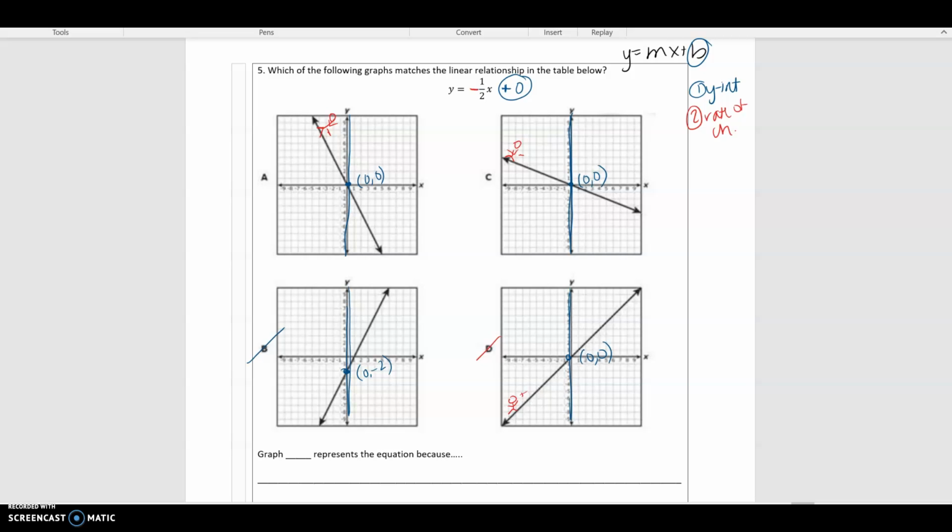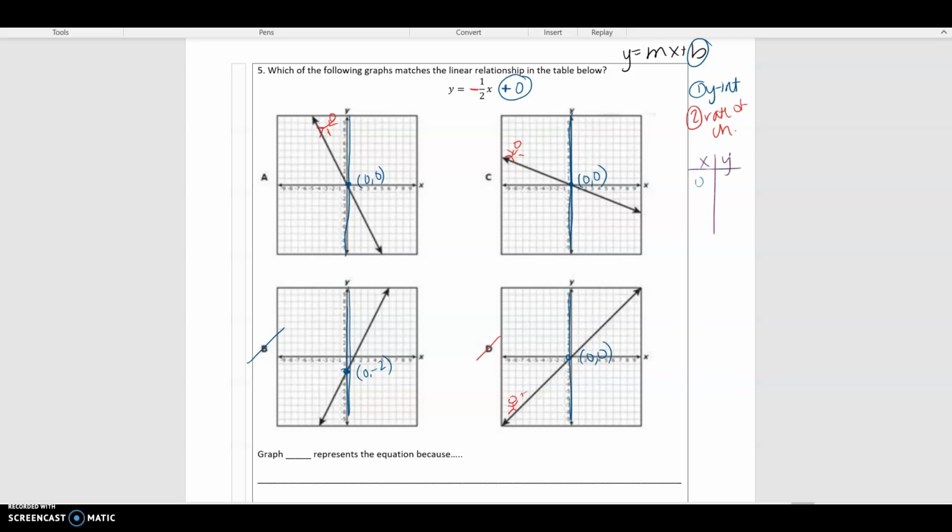Okay. Well, from this point going forward, we're usually able to eliminate and get down to our answer, but we can't this time. So what we're going to do is choose a point and plug it into the equation. So let's say I choose an x value of 2.